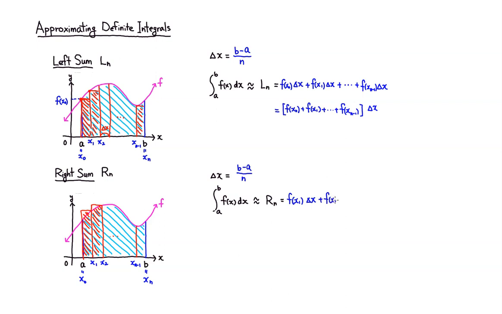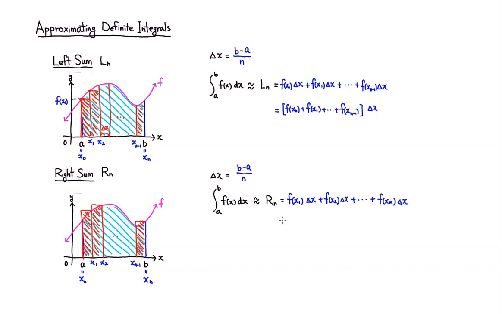So the intermediate terms are exactly the same, but the ending term, this time, if you look at the last rectangle, since you're using the right endpoint, we're going to use xn to determine the height. So this last one is f of xn delta x.